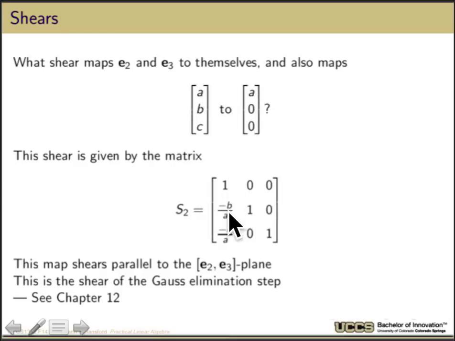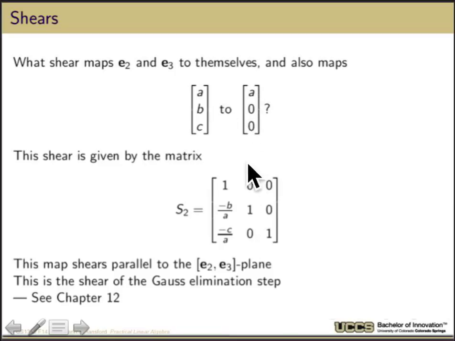So when I multiply this column times (A, B, C), for the output, you'll see that I get A times 1 plus minus B times minus B over A. So what does that give me? It gives me minus B squared over A, and then for this column, when I go to the last piece, I'm going to get minus C over A. When I put all those together, I'm going to get (A, 0, 0).